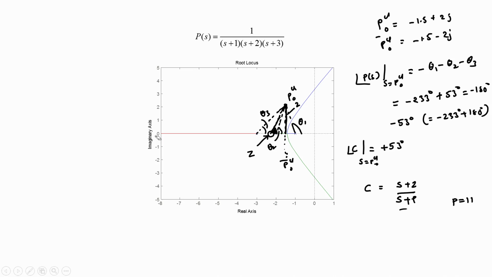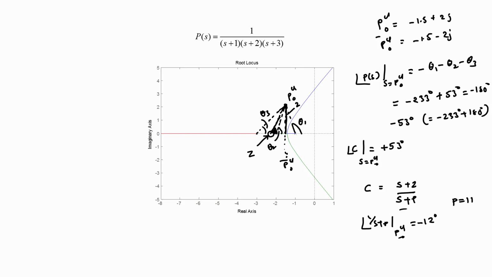Then we can compute the angle subtended by that pole at the location PCL naught. So, we can compute the angle of 1 by S plus P at the point PCL naught, and if we do that, we find that that angle is equal to 12 degrees with a minus sign, because this is a pole.